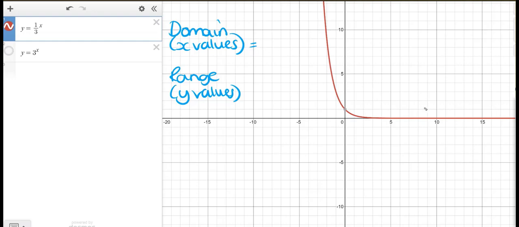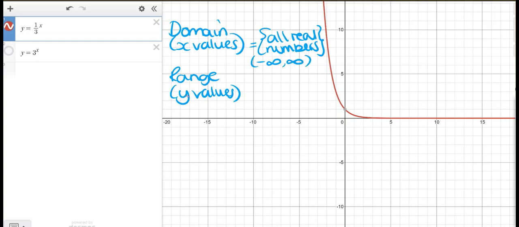So our x values, it's from positive infinity, and it is going to continue to negative infinity. So this is all real values, or all real numbers. And also from negative infinity to positive infinity.